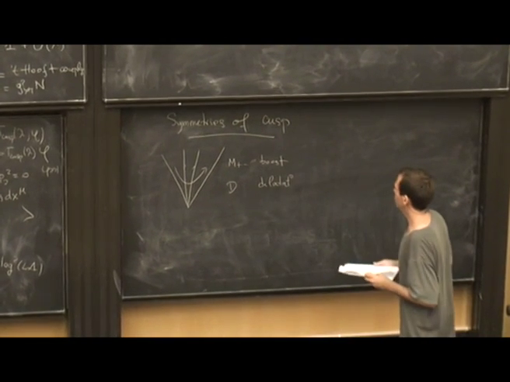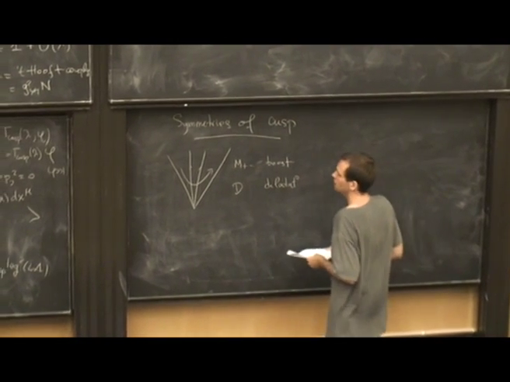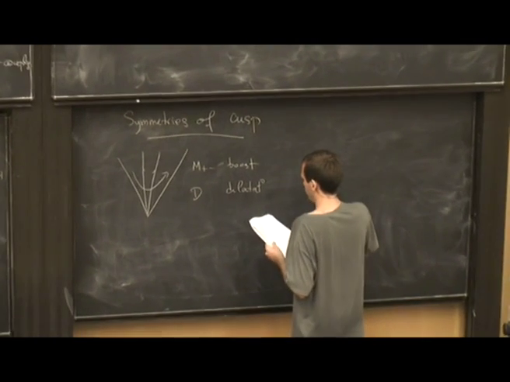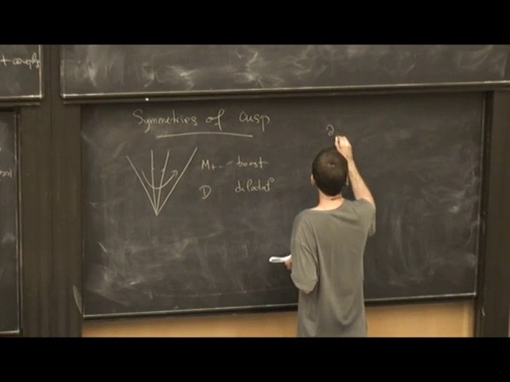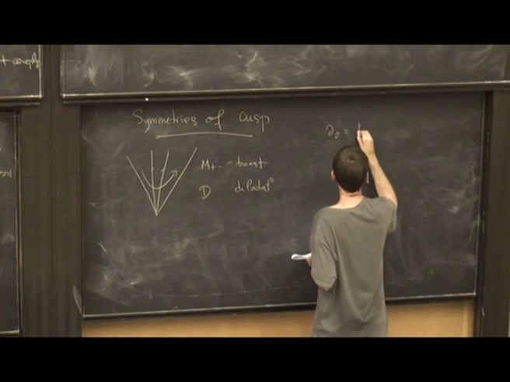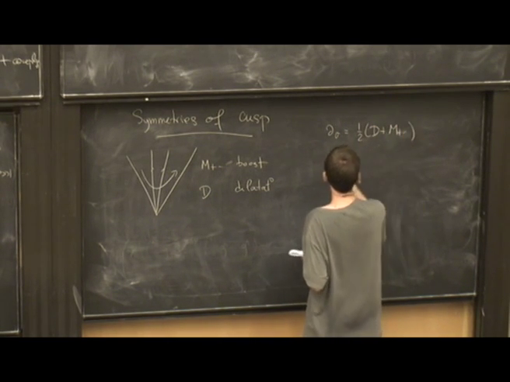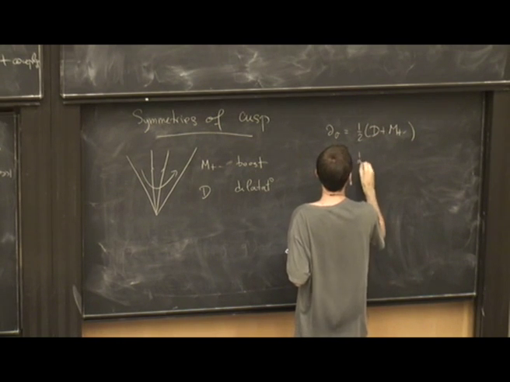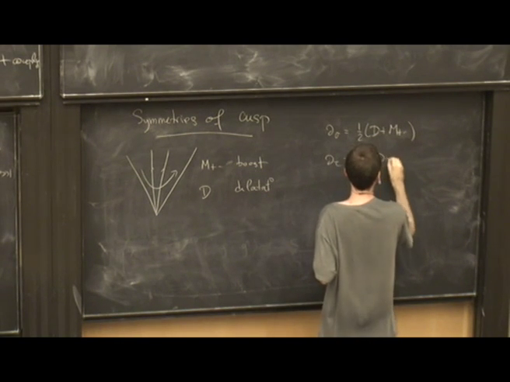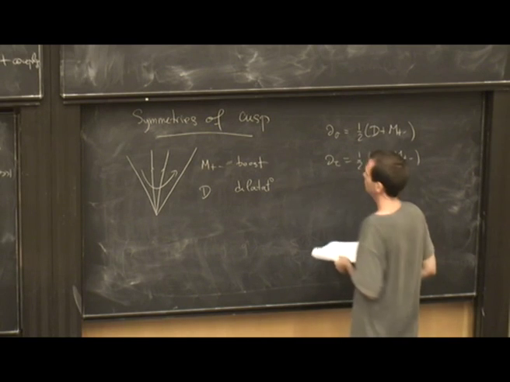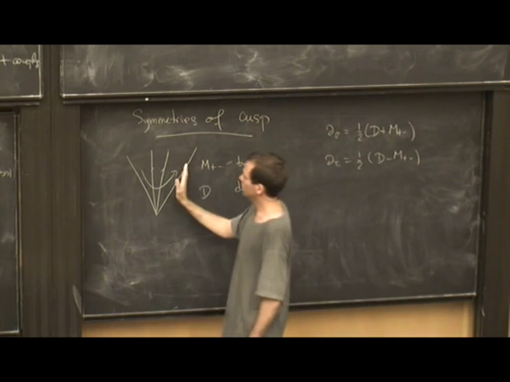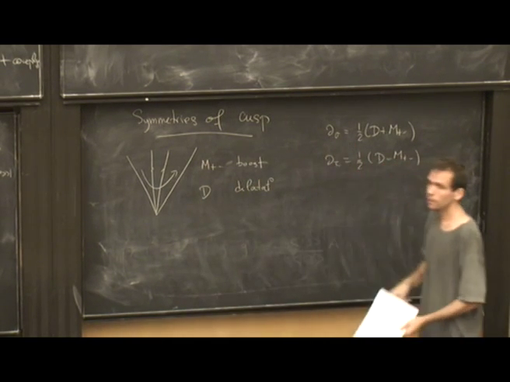I can combine them in a different grid if you want. I can introduce a generator which I will call d sigma. It is 1/2 d plus minus, and d tau, which is 1/2 of d minus n plus minus. So these are of course related to lightcone coordinates.